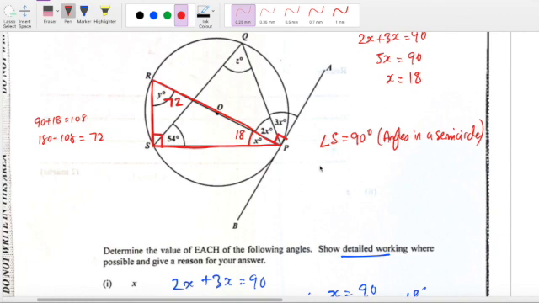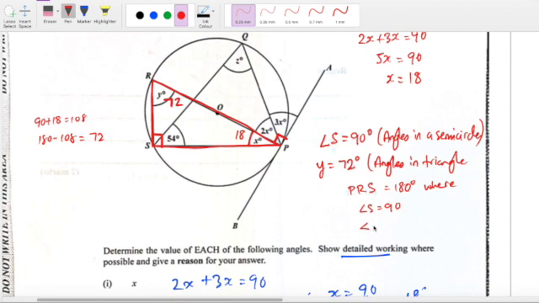And therefore y is equal to 72 degrees because the angles in triangle PRS equals 180 degrees, where the angle S is 90 and the angle at P for triangle PRS is 18 degrees.